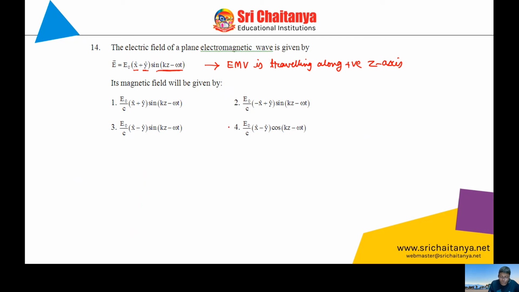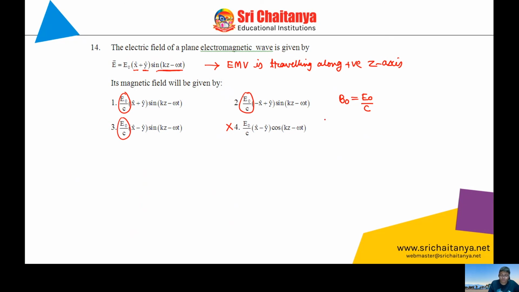So option 4 you can simply exclude here. Option 4 will never be true. Another thing is that the magnetic field amplitude B naught will be equal to E naught by C, and that is the case in each and every option, so this does not help.